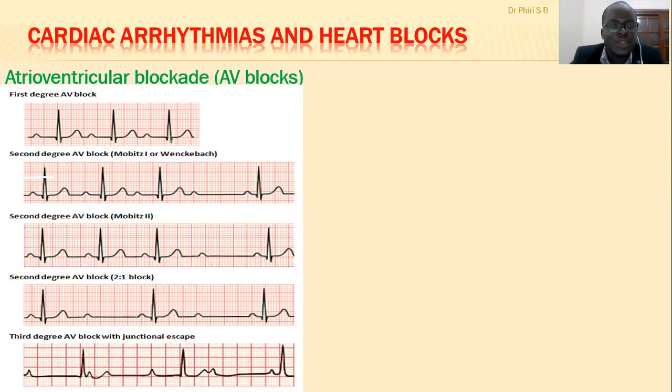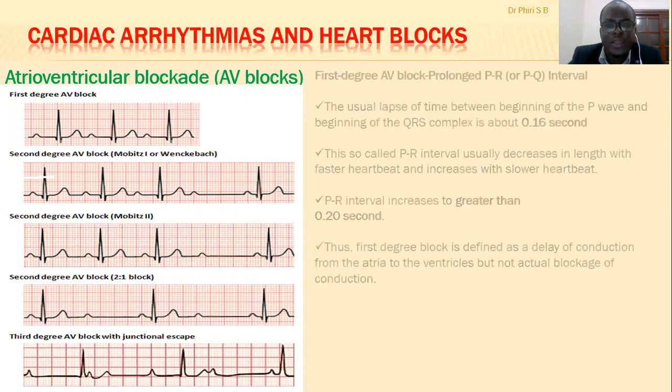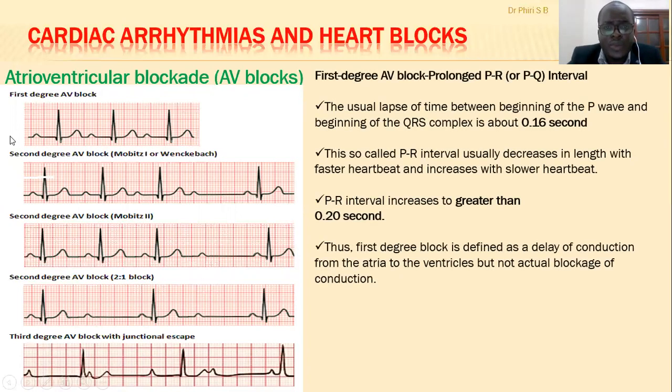So let's start with the first degree AV block. Let me also get my pen so that I'm able to explain from the diagram. So the first degree AV block is also called prolonged PR or PQ interval.